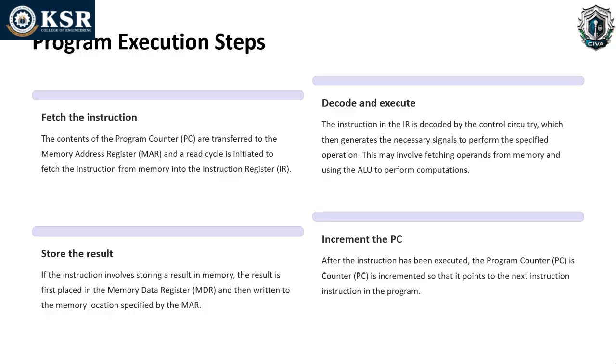Execute: the ALU performs the operation. Store: the result is written back to memory or a register. Finally, the program counter is incremented to point to the next instruction. This illustrates the instruction cycle that happens millions of times per second in modern CPUs.